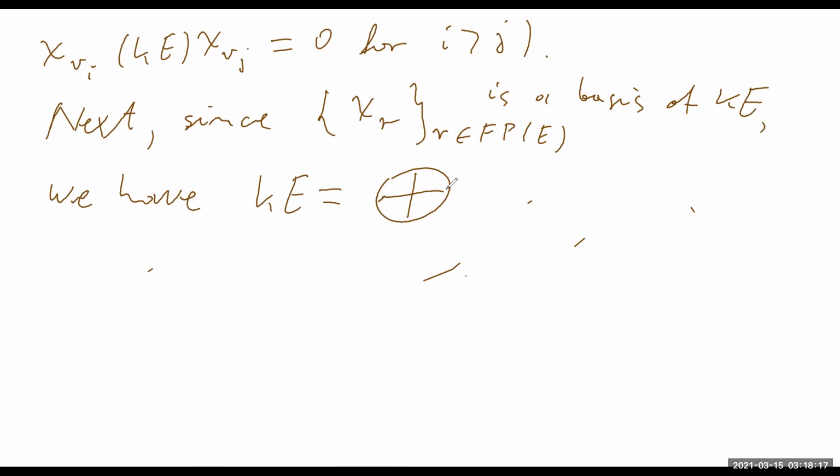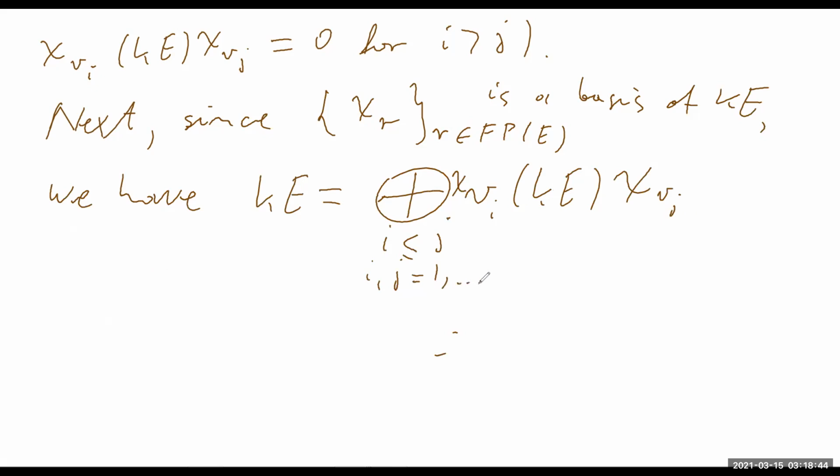I have this big direct sum. Here I have my heroes, which are chi vi ke chi vj. And here I run my indices. So first I have i less than or equal to j, and then I have i, j running from 1 to n. Okay? I hope it's clear.